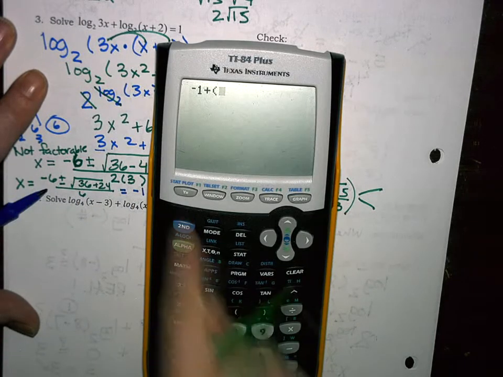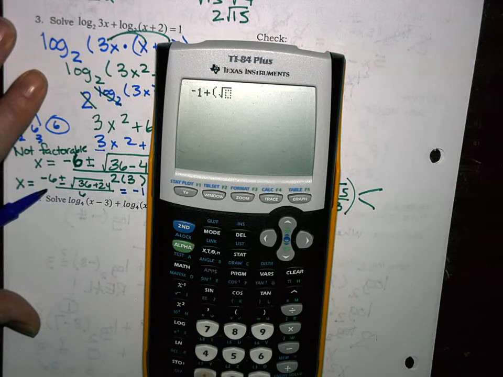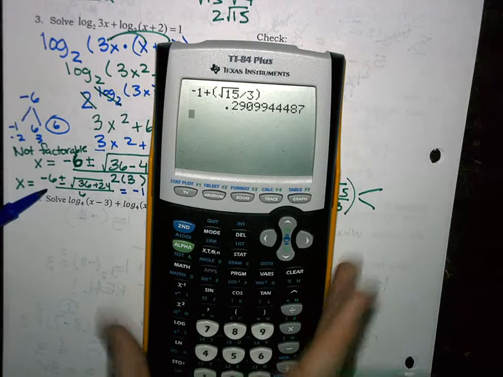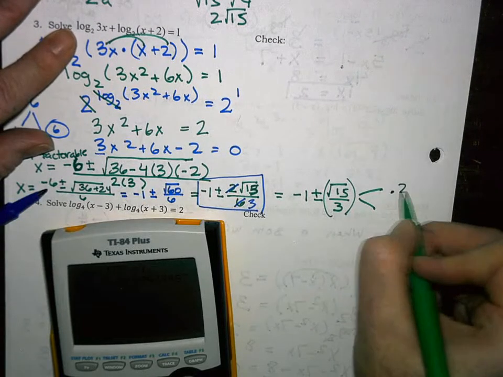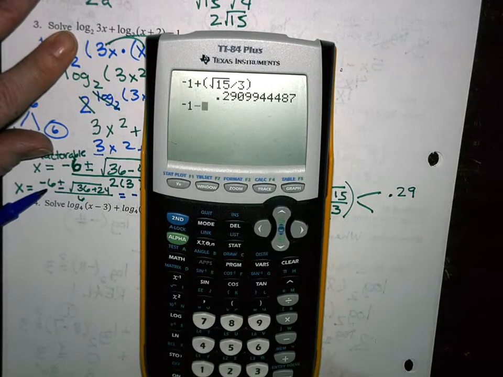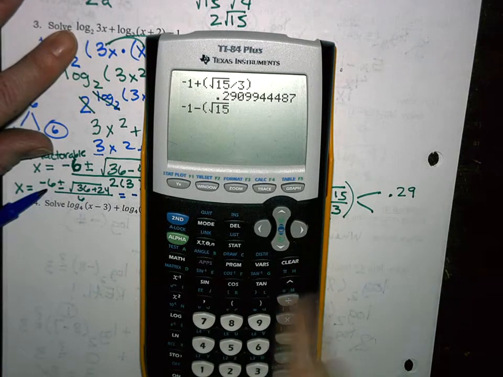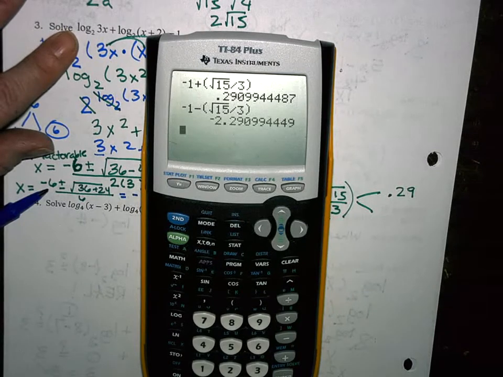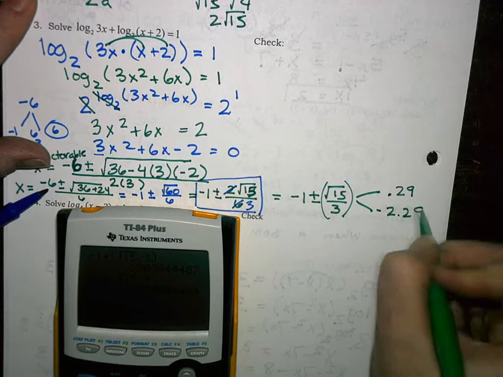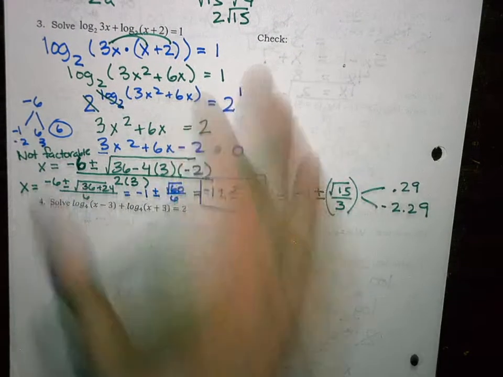So negative 1 plus parenthesis the square root of 15 divided by 3. I need to make sure that I'm putting into the calculator exactly what I want. Now that is positive 0.29. Now let's do the other half. Negative 1 minus parentheses square root 15 divided by 3 parentheses. That is negative 2.29.